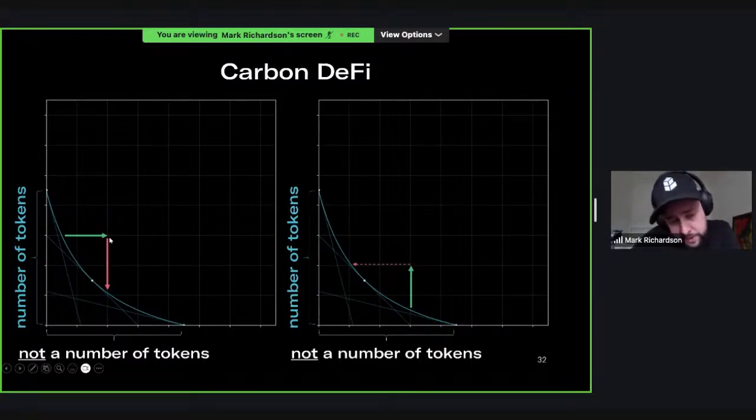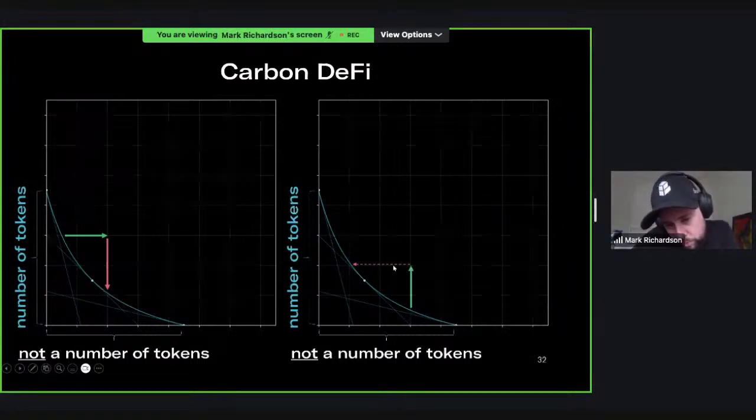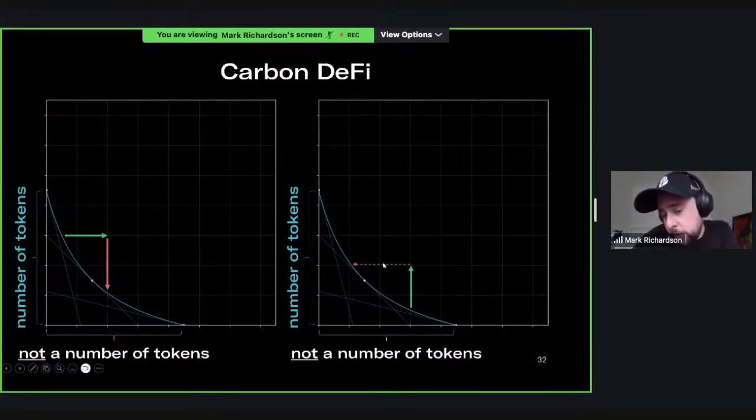But if this is, let's say, 200 tokens out, that looks about twice as long as the green arrow. If this is 200 tokens out, you have absolutely no idea how long the corresponding red arrow is on the other curve. And once you realize that, you can completely do away with that as a necessity, right?